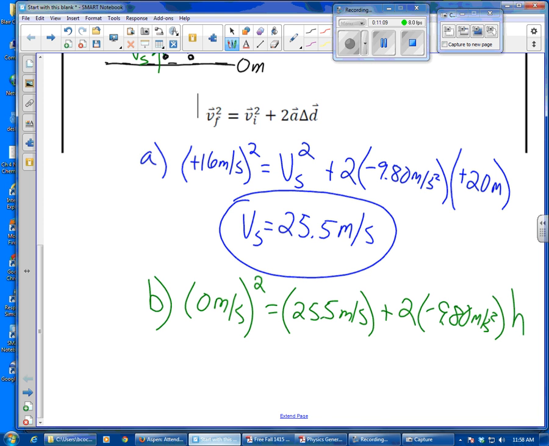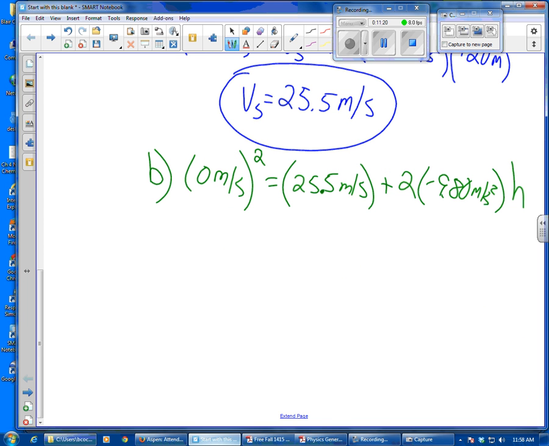So in a distance of h, you've got to go from 25.5 meters per second down to 0 meters per second. Oops, squared. And then we do our fun math, and h comes out to be 33.1 meters.